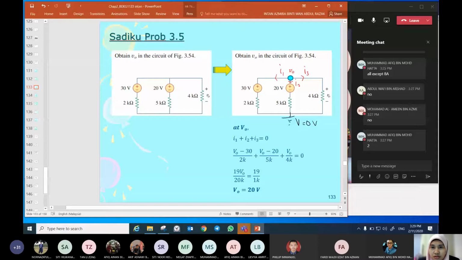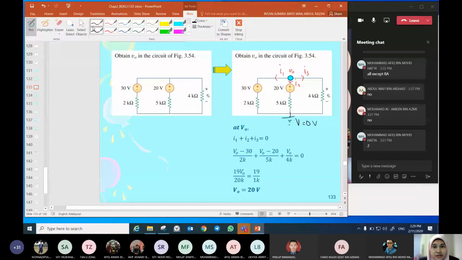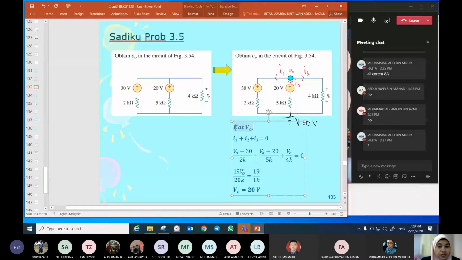V naught is equal to the voltage drop across the 4K ohm, but it is not the voltage drop across 5K and 2K, because at these two branches there is another voltage source. So now we apply KCL at the node, KCL at V0.